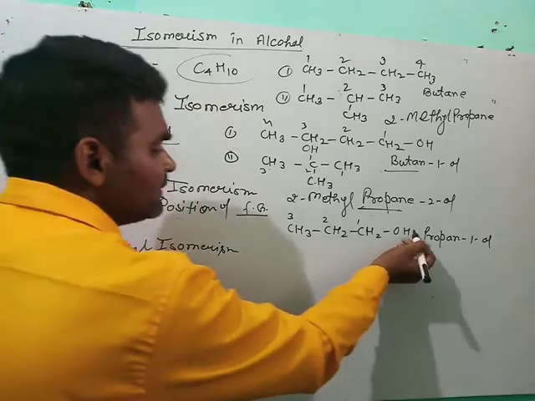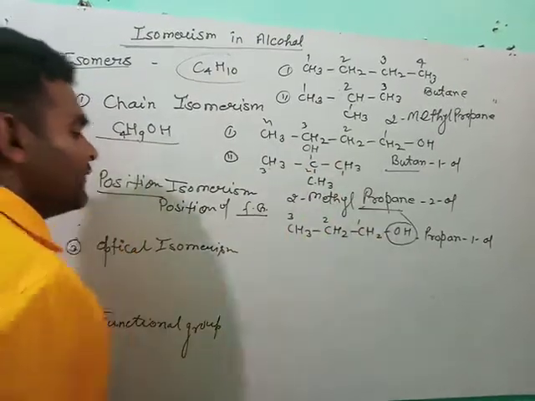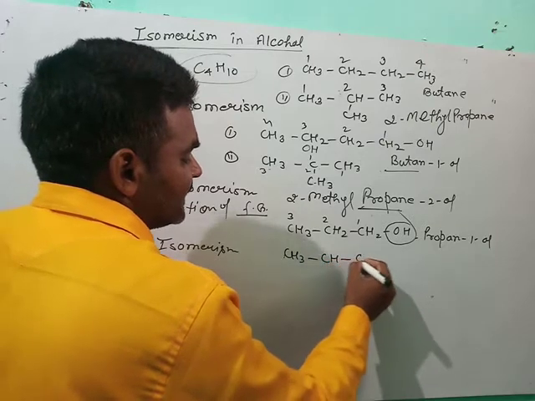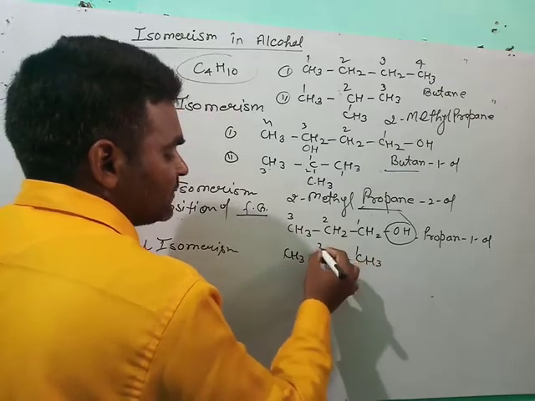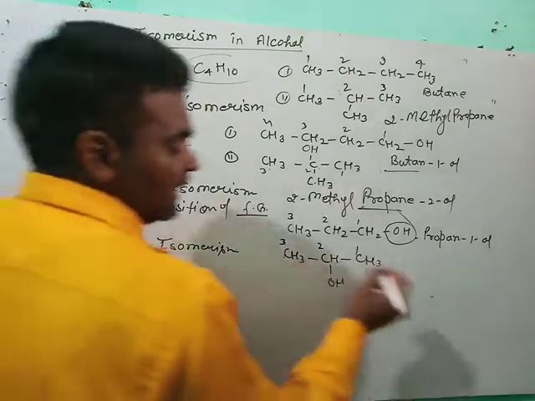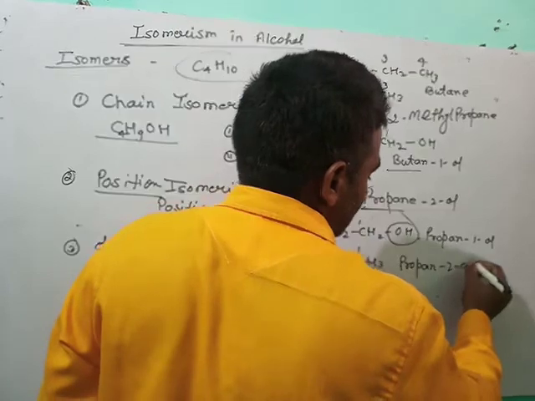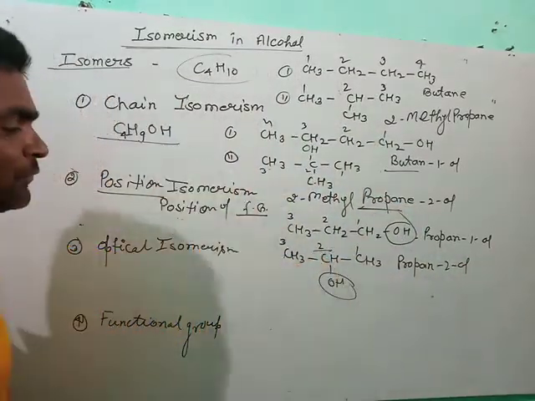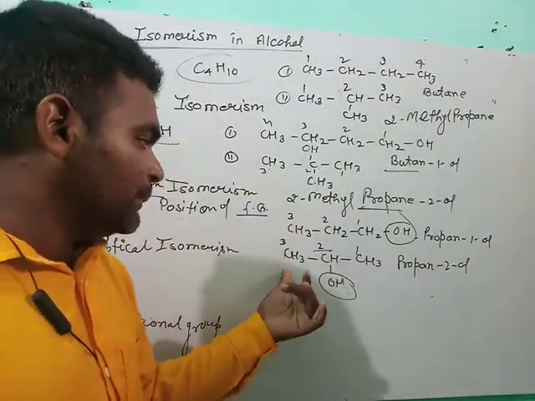And if we change the position of the functional group, the OH group, from first carbon to second carbon, it becomes CH3, CH, CH3 and OH, and the name of this compound is 3 carbon propane, and the position of functional group is 2. So it is called propane 2-ol. First is propane 1-ol and second is propane 2-ol.